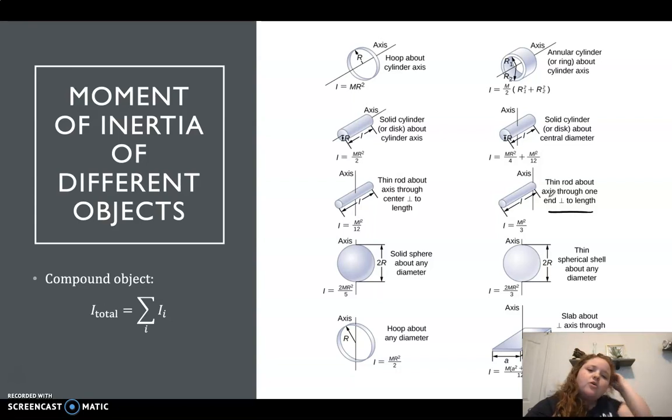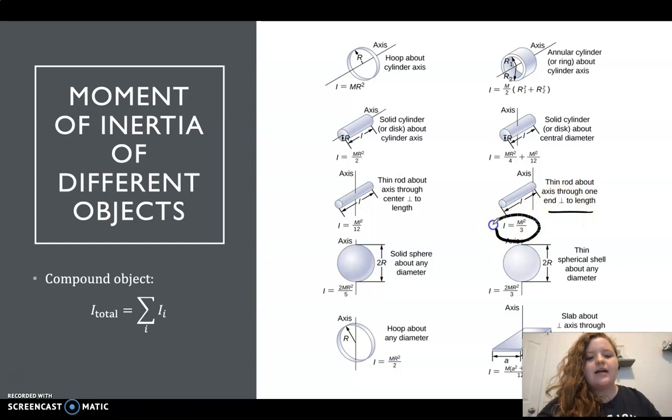Okay, so this diagram should have been earlier, but it has all of these moments of inertia of different objects. If we have a hoop about a cylinder axis, a hoop about any diameter, a cylinder, a thin rod, a sphere, and so forth, it'll tell you exactly how to calculate it. So right now we are looking at a thin rod about an axis through one end perpendicular to the length.